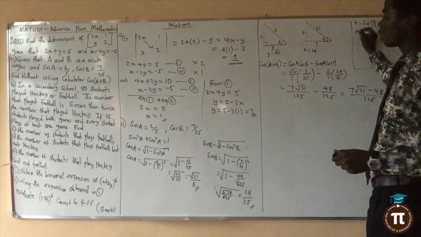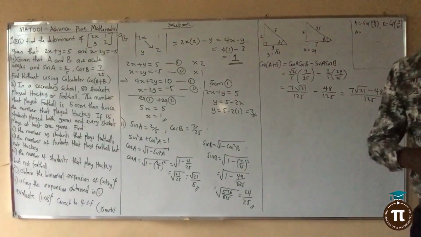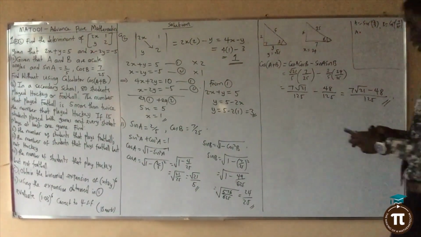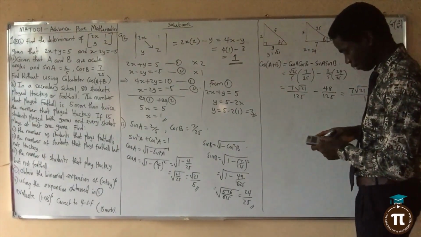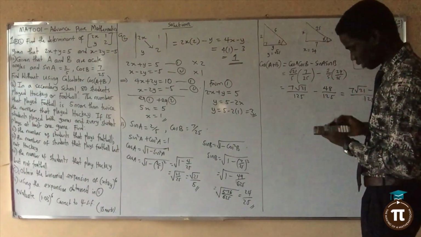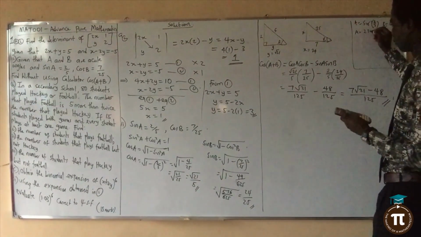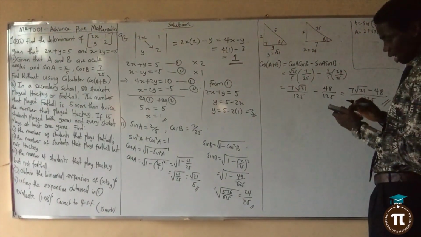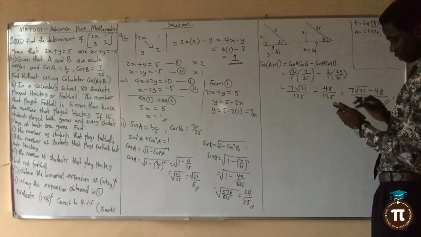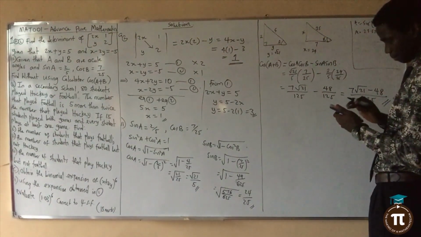So just use your calculator. You will now do arcsin of 2 over 5. The answer is 23.578. Then B as well, arccos of 7 over 25.